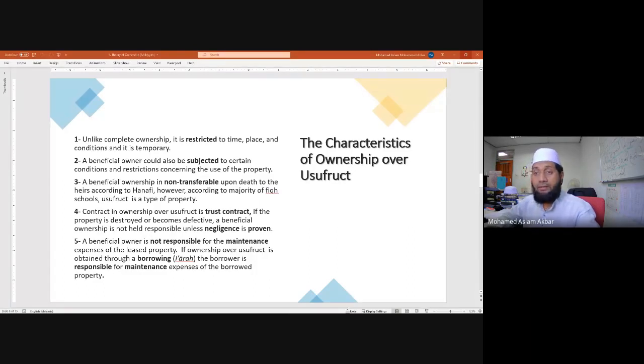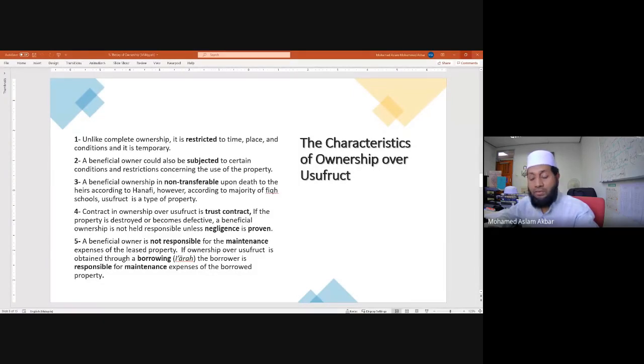In the last session, we discussed the theory of ownership. We talked about the definition. What exactly is the definition of private ownership? And we also talked about the three causes, if someone wants to acquire ownership.